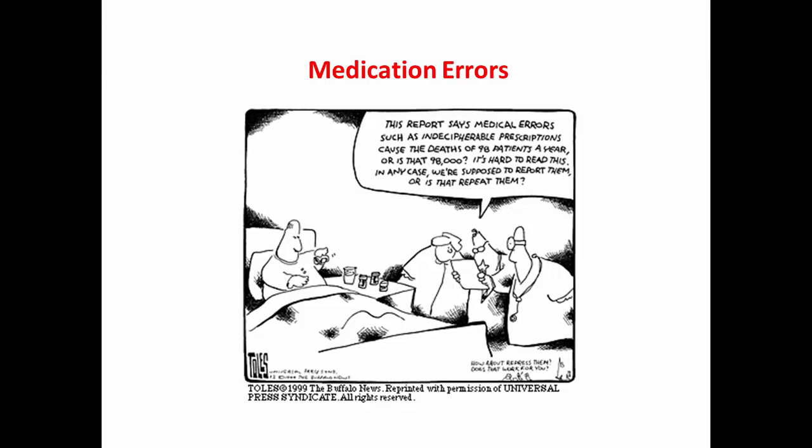So it's given by the wrong route, etc. So this is where there's actually a problem with the type and amount of medication that a person receives. So this is quite a lot more serious. It also has to be documented, but there are some other things that you must do as well.